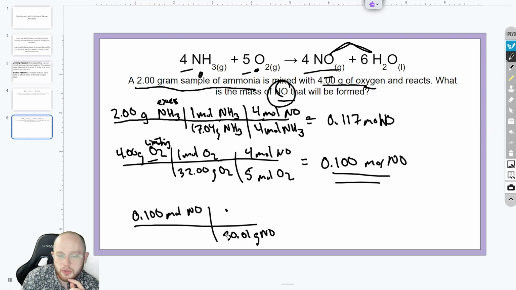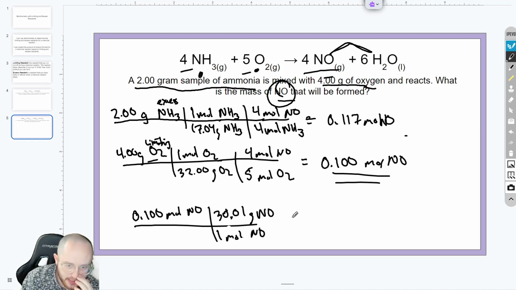I do want to use the molar mass, but if I put it there, it will not cancel correctly, and I won't get what I want. I need 1 mole of nitrogen monoxide down here to give me 30.01 grams of nitrogen monoxide. If I put that into my calculator, I basically get 3.00 grams of nitrogen monoxide.